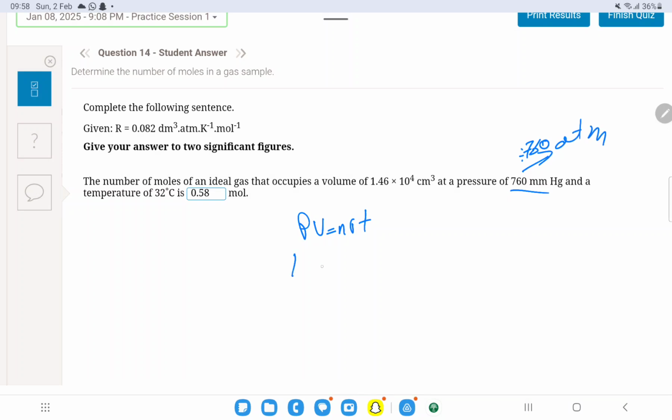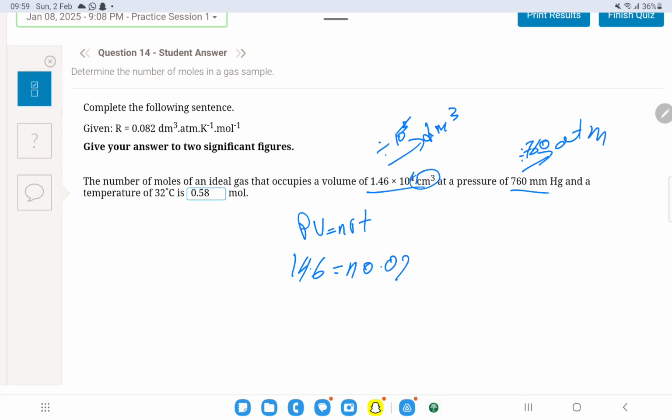So pressure is 1, V, you have this in centimeter cubed, you want decimeter cubed, so you divide by 1000, or 10 to the power of 3. The powers cancel, so it's 14.6. 14.6 equals nRT. We want the n.